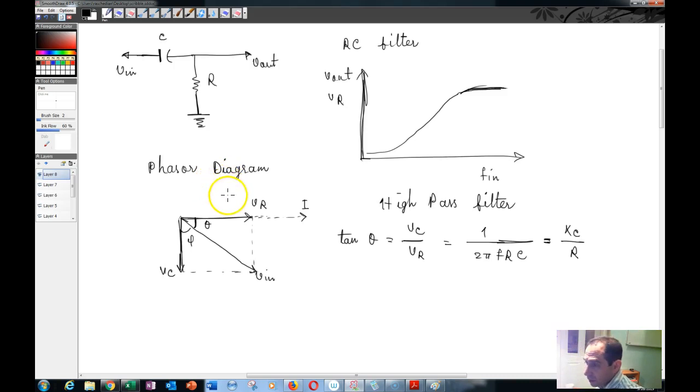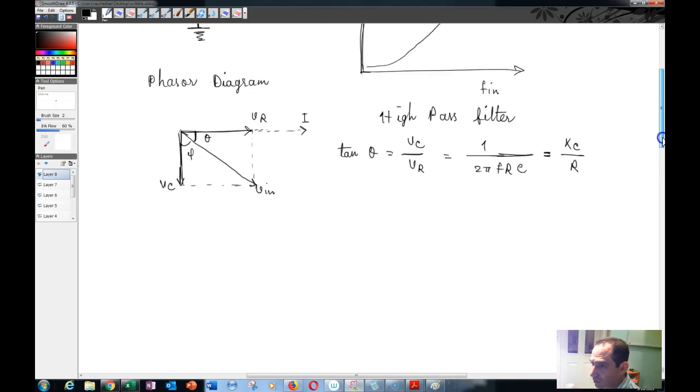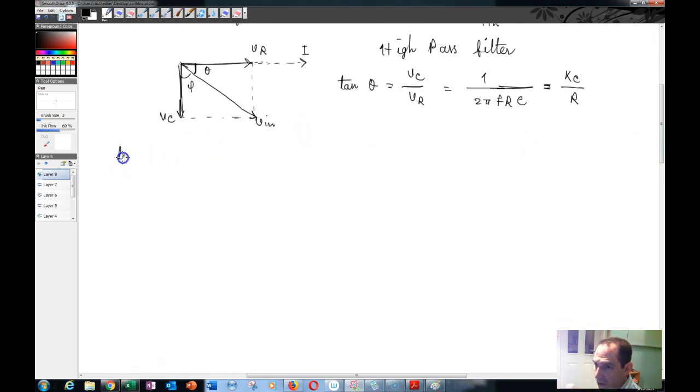Now in this particular situation, we already have calculated X of C and we know the value of R, so we can simply use this one over here. So tan of theta is equal to X of C over R, which is equal to 3002.9 divided by R, which was basically 4 kilo ohm.